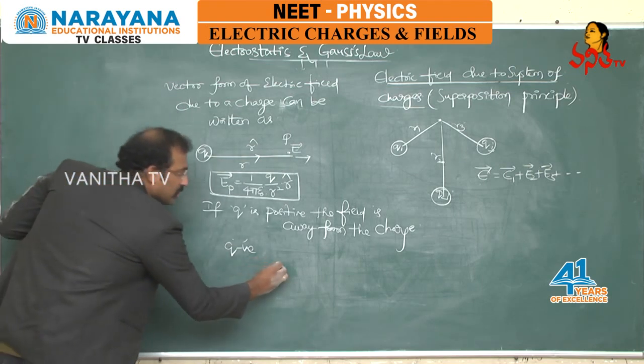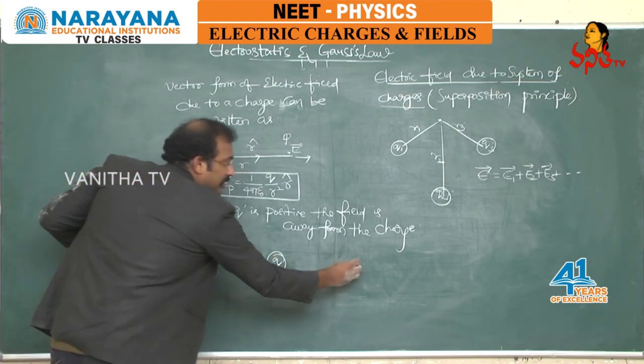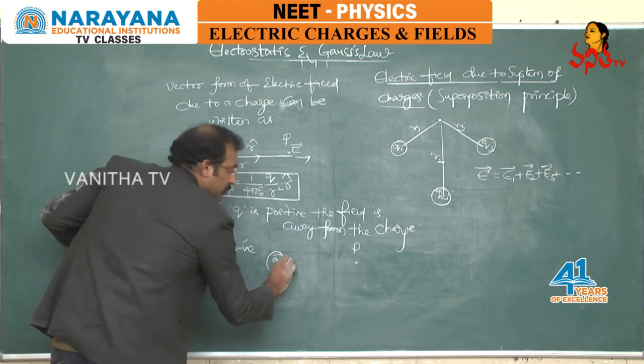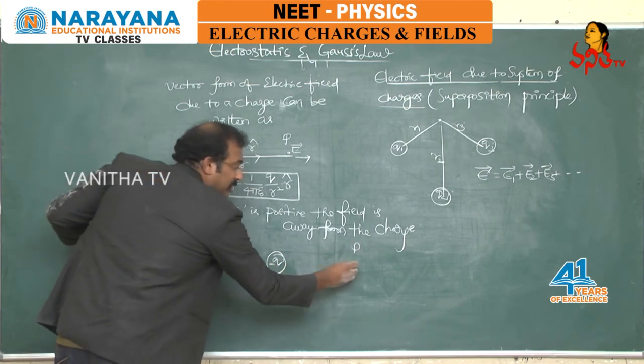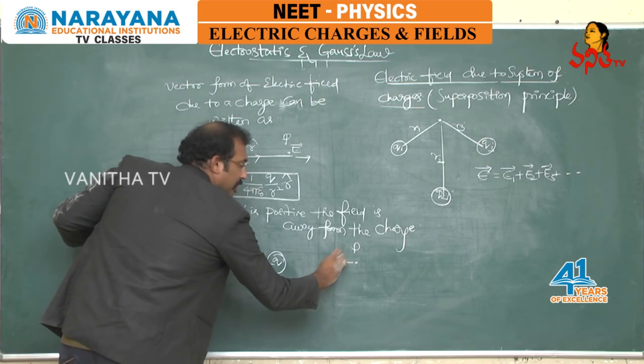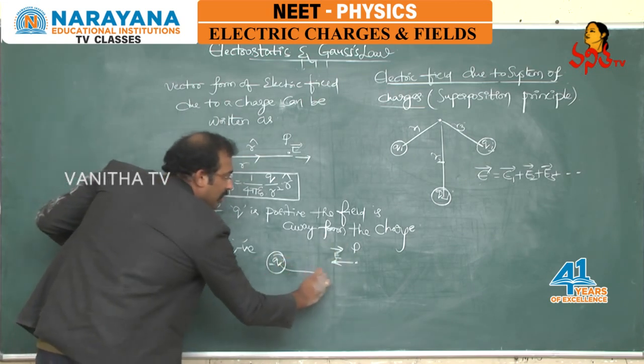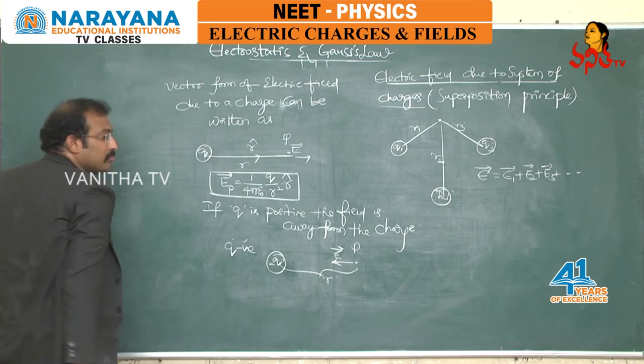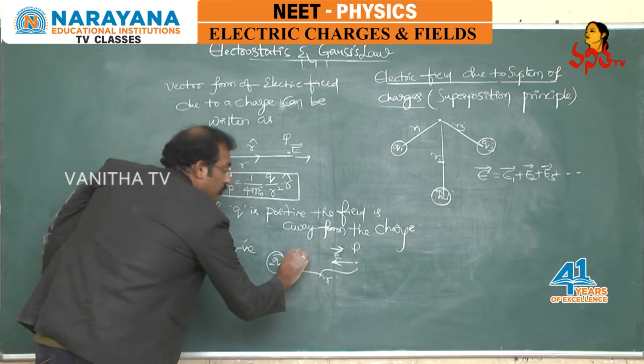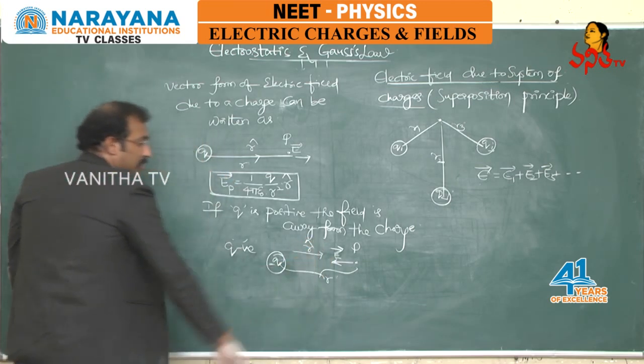So if I write Q at this point P, if this is negative, then the field is like this, E bar, at a distance r, whose position vector is in this direction.